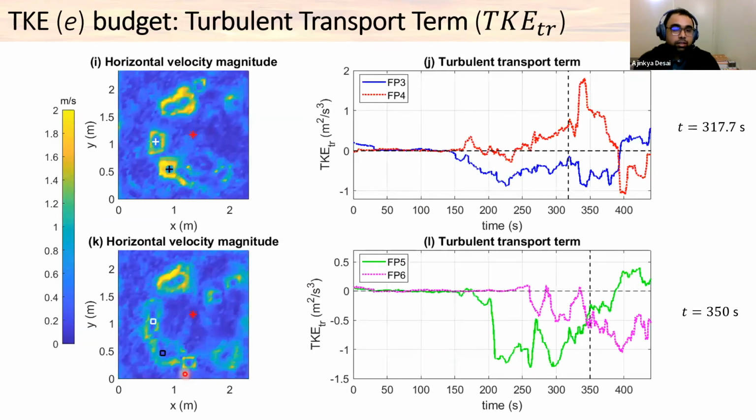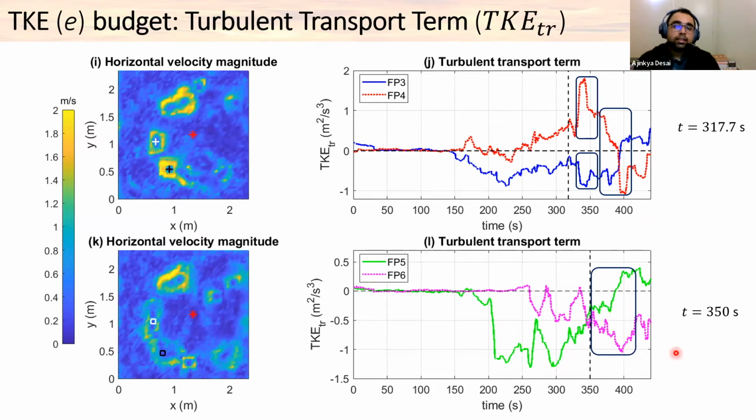Now, this is not unique just to that set of fixed points. If you look at fixed points that are formed at other instances in time, and plot the turbulent transport term, you'll see peaks in one corresponding to troughs in the other signal, and decreasing trends in one signal complemented by increasing trends in the other signal. You would see that for other sets of fixed points at other instances of time as well, increasing trends accompanied by decreasing trends.